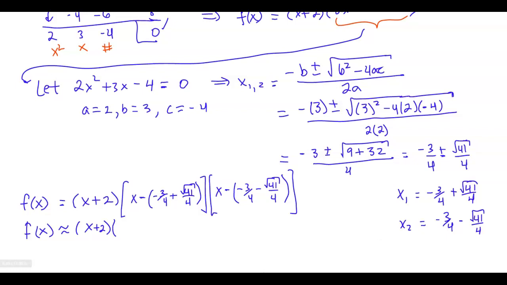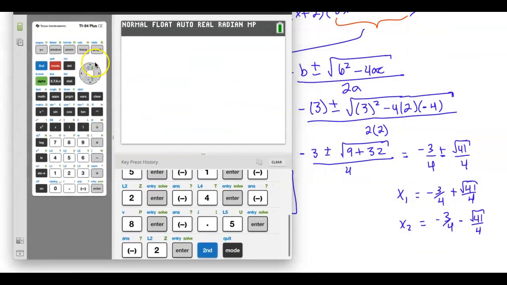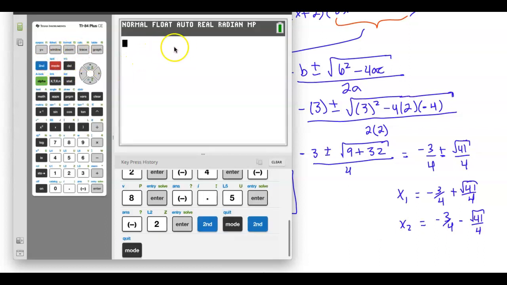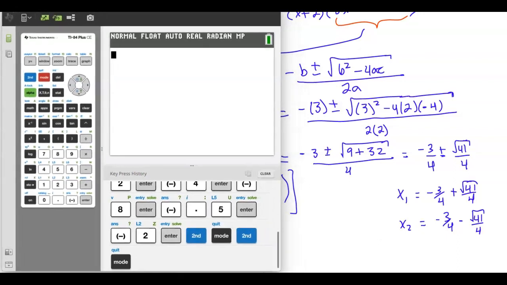So we're going to bring back in our calculator here. And let's calculate what these values are actually going to be. So if we just hit clear, second quit, if you're following me with your calculator, you'll get to the main screen here.